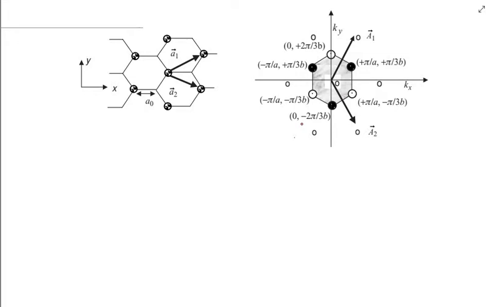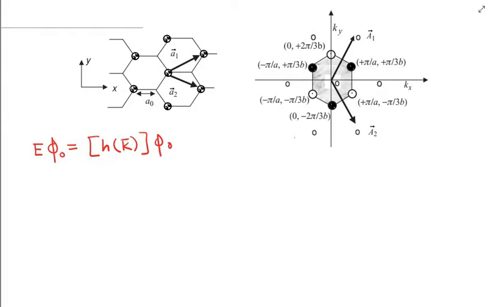We have already seen that the eigenenergy can be given by this equation, E phi 0 equals h k phi 0, where h k is a matrix.